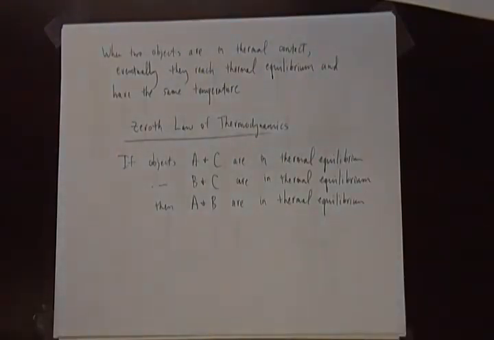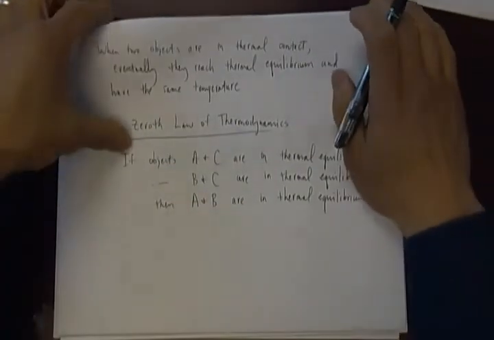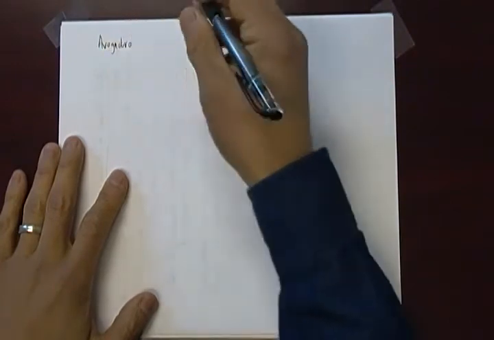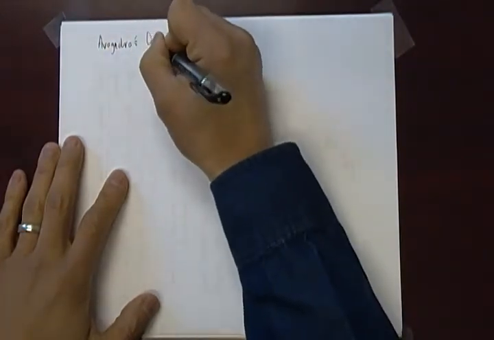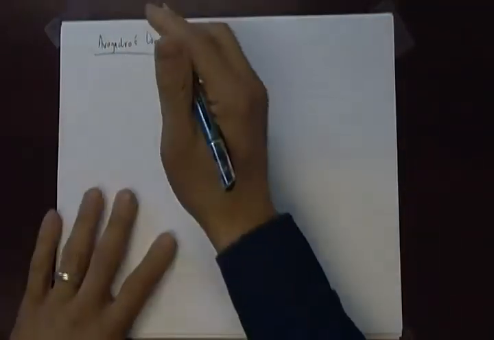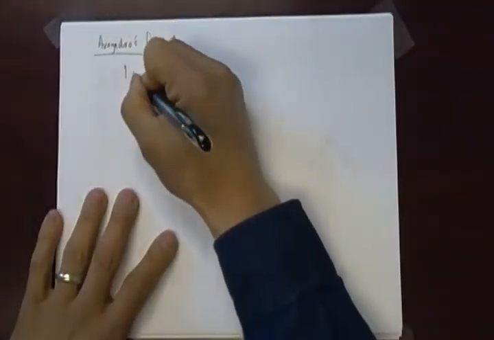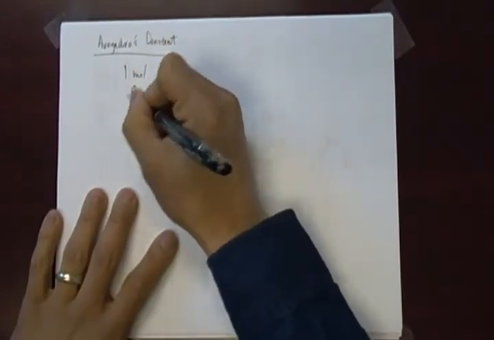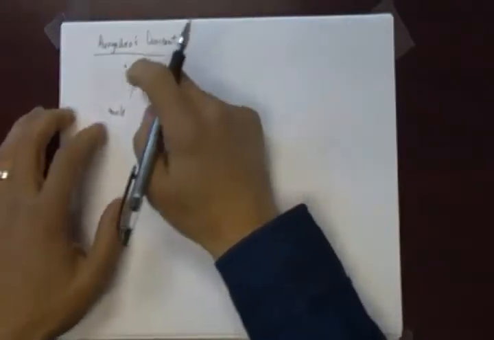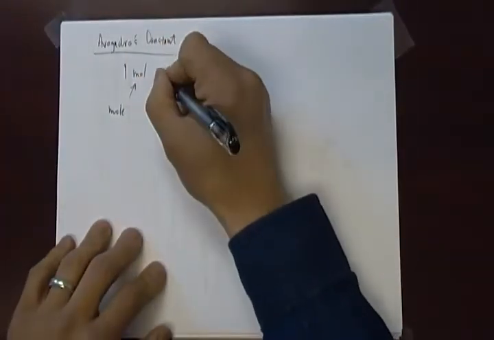Alright, the next thing we'll do is talk about counting particles. You've probably seen this already in some chemistry class. We'll talk about Avogadro's constant, named after Amedeo Avogadro. We'll talk about 1 mole. The full name is mole, M-O-L-E, but the abbreviation is mol, M-O-L.